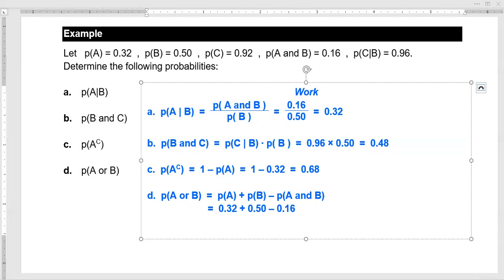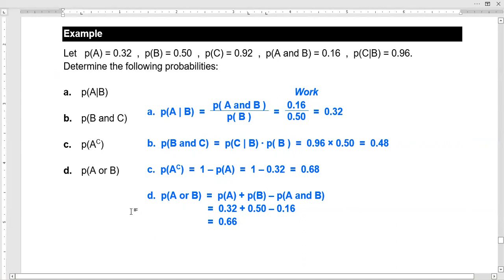So when we work that out, we end up getting 0.66. All right, so there we go. Hopefully you did all right with parts C and D.